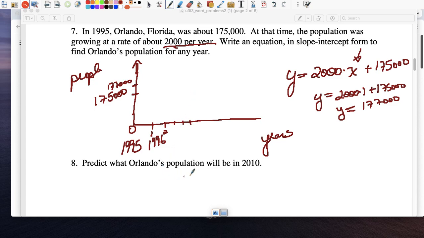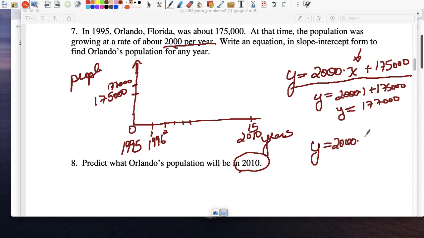But then here, they ask me, what's the population? Let's make a prediction. In 2010, well, 2010 is how many years after I started recording the population? Well, 2010 minus 1995, this period of time here, is 15 years later. So let's use this function. So y equals 2000 times how many? 15 plus 175,000.